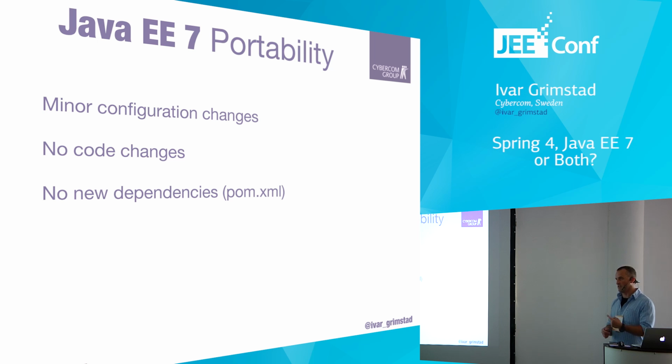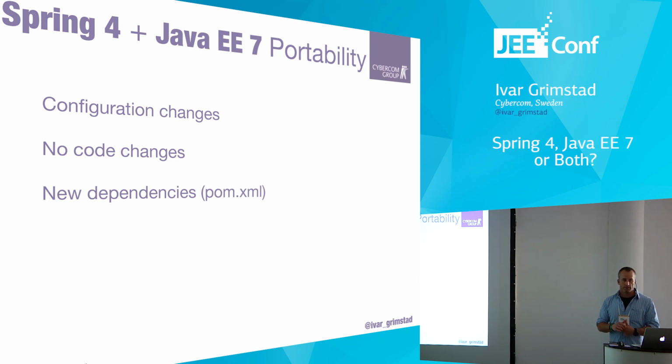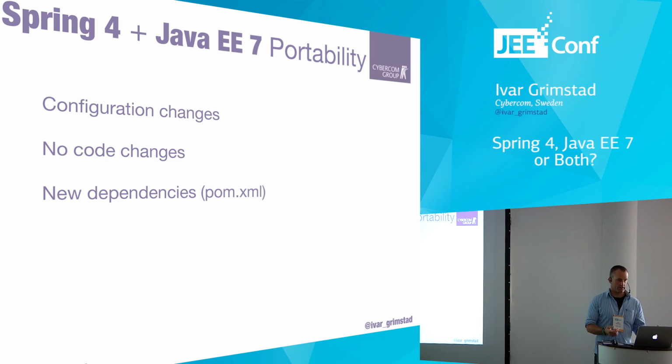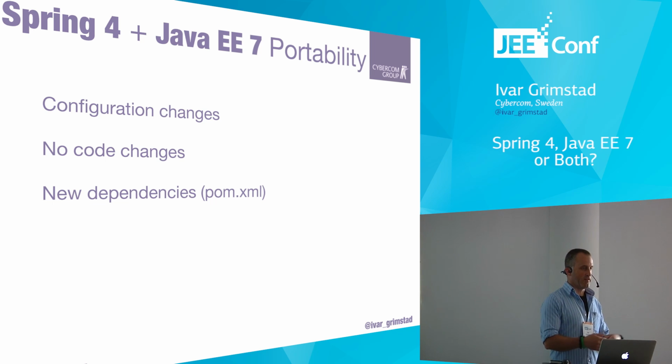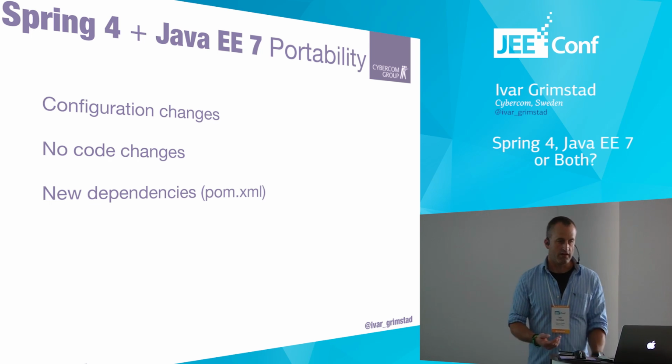You have to be aware that the implementations that the container provides may differ. So if you rely on that, you need to do some configuration changes. If you mix them, you probably need to configure your applications again. You don't need to do any code changes; it will work just fine. And you need to add the dependencies that you rely on.